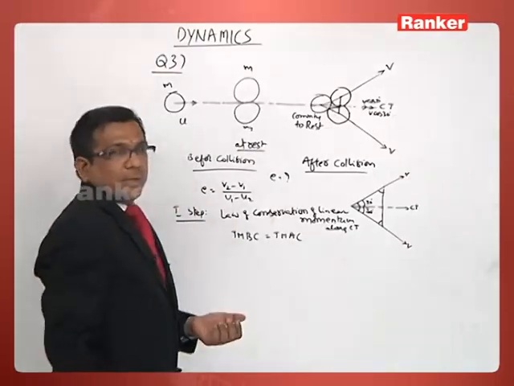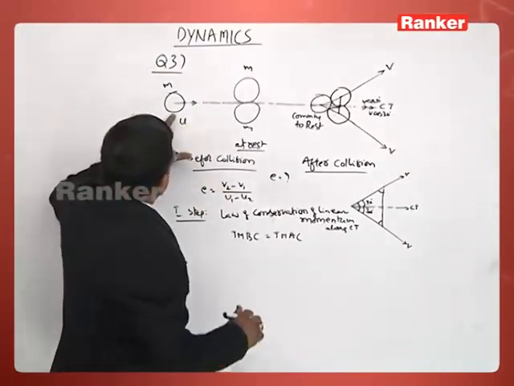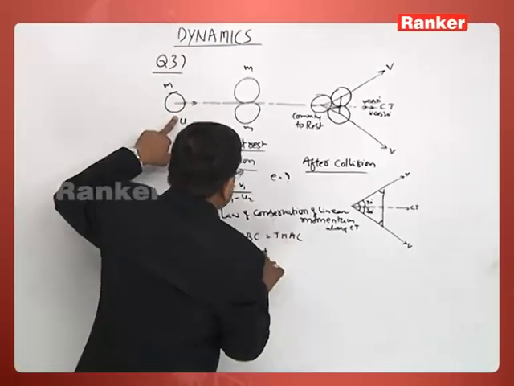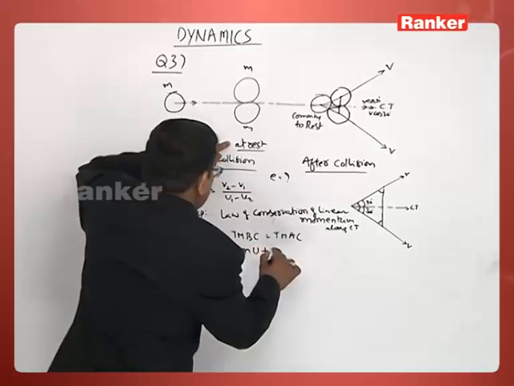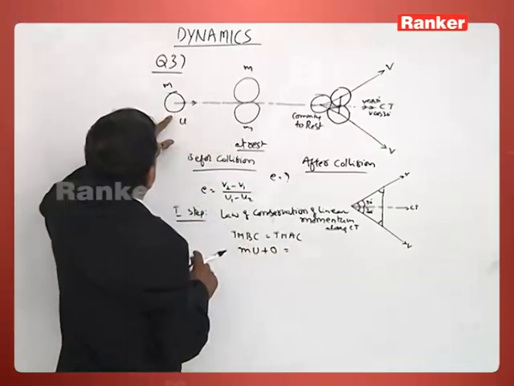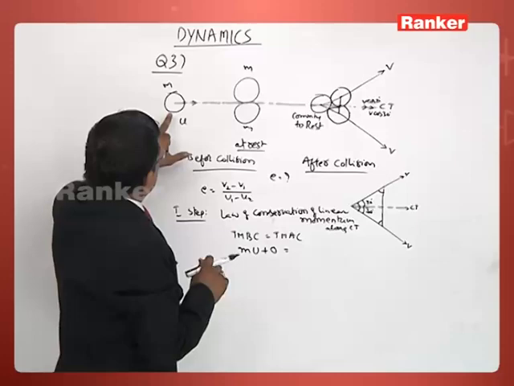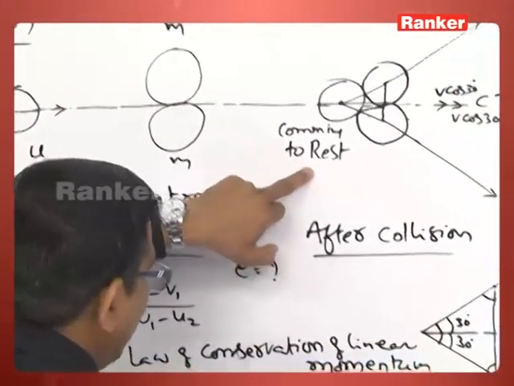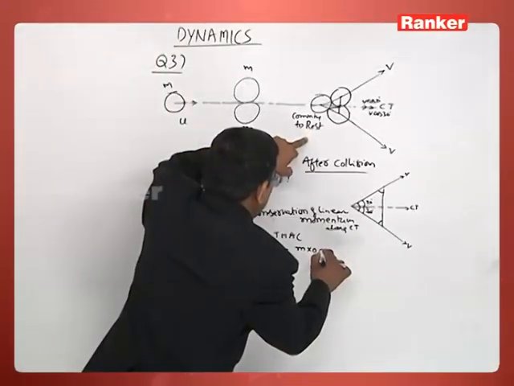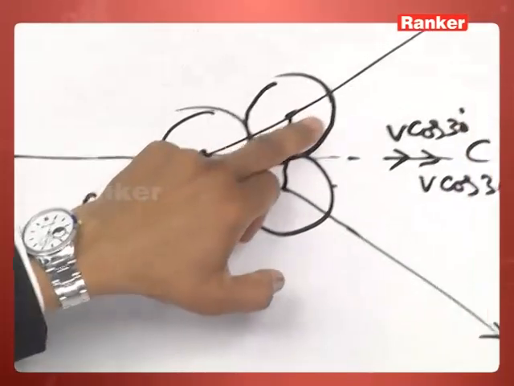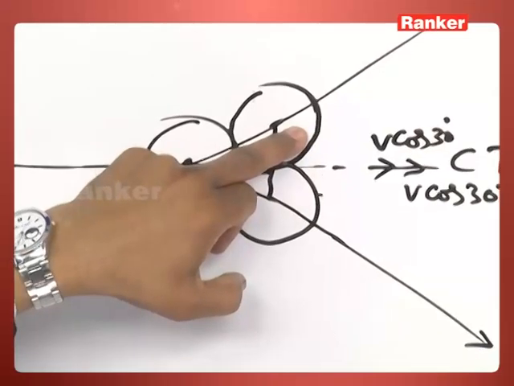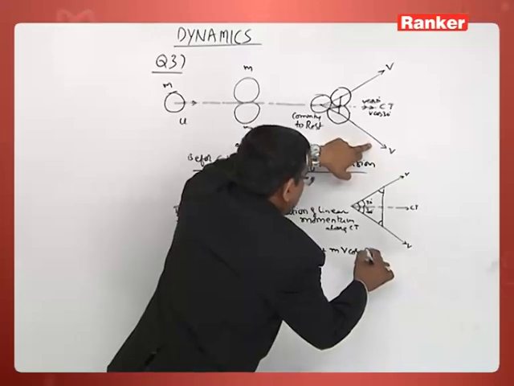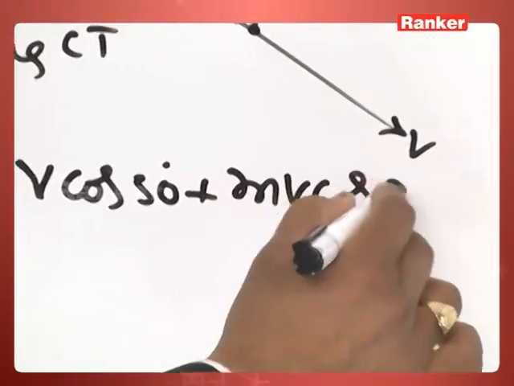Before collision, this body is moving with a velocity u, and these other bodies are at rest, so their velocity is 0. After collision, the body moving with velocity u comes to rest. Therefore, 0 plus the component of velocity in this direction is mv cos 30, plus the component of this body's velocity in this direction is mv cos 30.